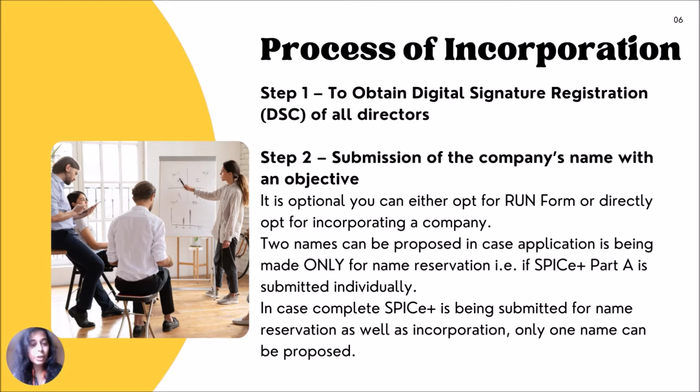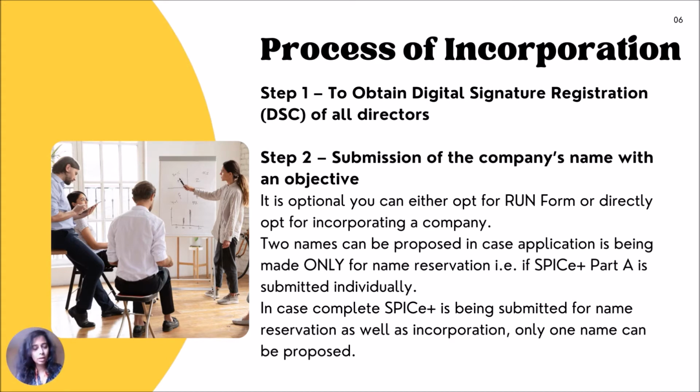Now, it is optional. You can either opt for a RUN form or directly opt for incorporating a company. In case you choose to go for a RUN application, you need to file the RUN application, which charges ₹1,000 with MCA. In the RUN application, 2 names can be proposed for name reservation.